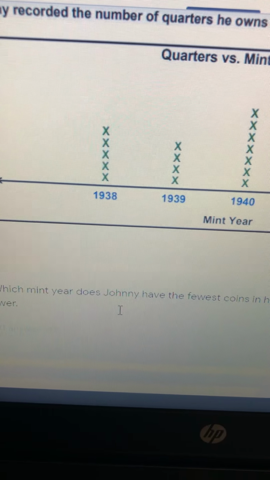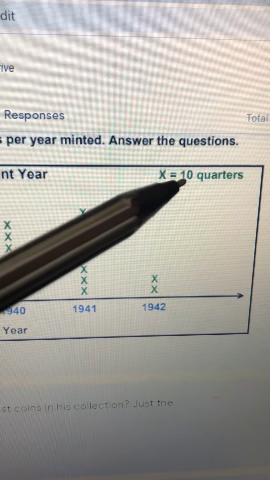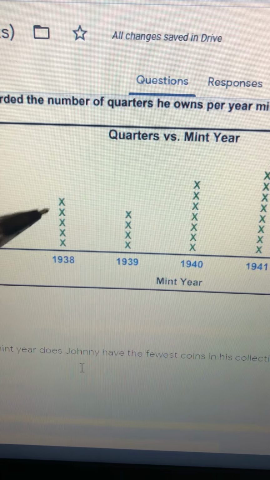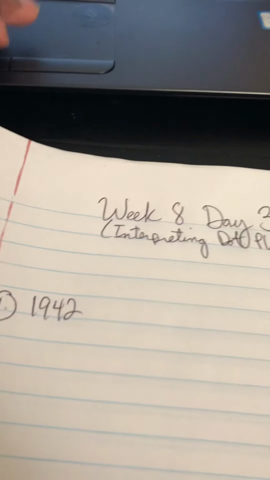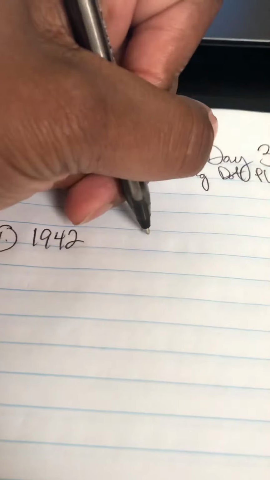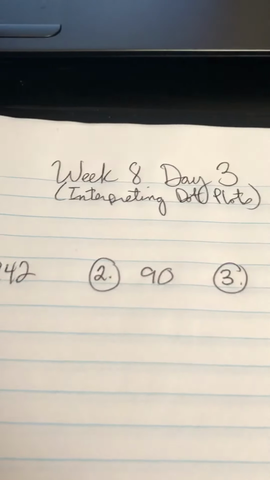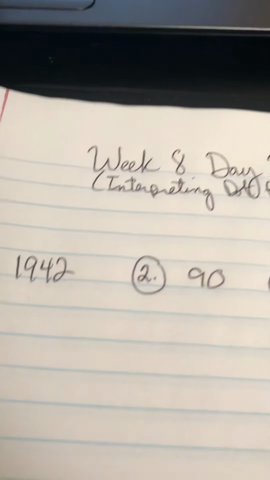And we know that each X is worth 10 quarters. So that's a total of, I hope you guys were saying 90. So that's it. Number 2, we just write 90. So far, so good, right? Easy peasy.